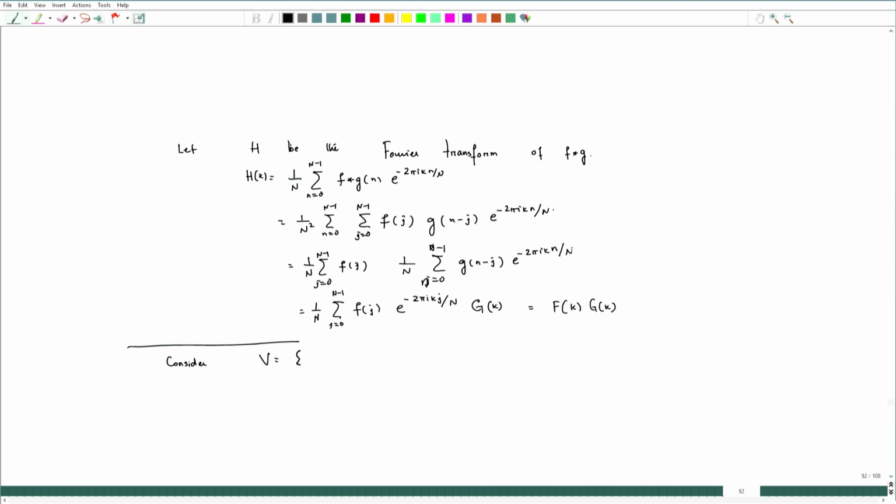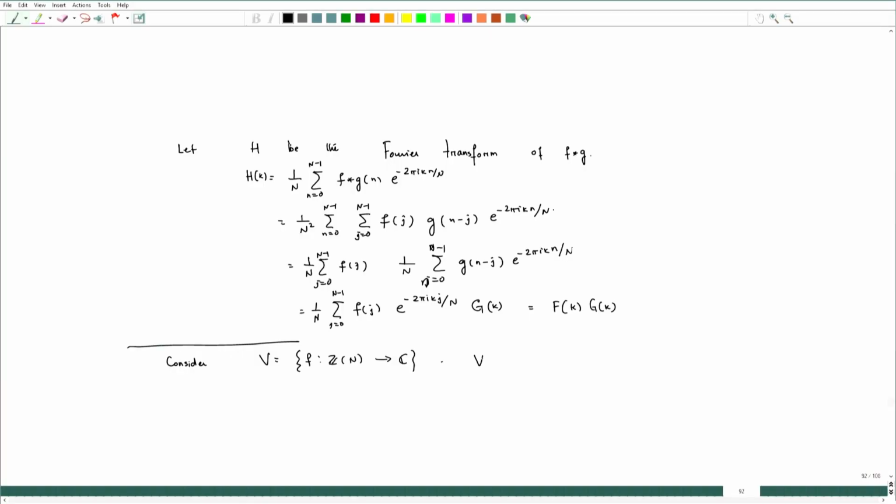V to be the set of all functions. Of course, V is going to be a vector space, because if I take two functions, then the pointwise sum (f plus g)(n) is equal to f(n) plus g(n), this is again a function, and if I multiply with a scalar, that is again going to give us a function.